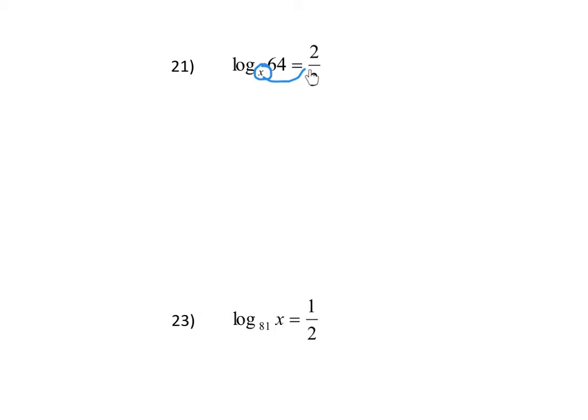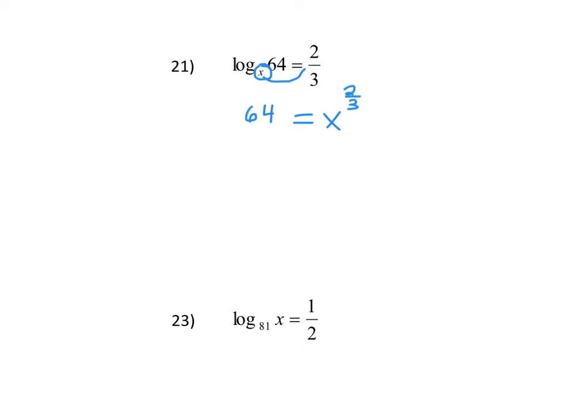This becomes the base on the 2/3, okay? So on the right-hand side of the equation, the base is going to be x, and 2/3 becomes an exponent. Now, when we drop this base out of here, the word log drops off, right? It no longer holds the word log up, so we could just take the 64 and bring it right down. Okay, and then all you have to do is just solve this equation.